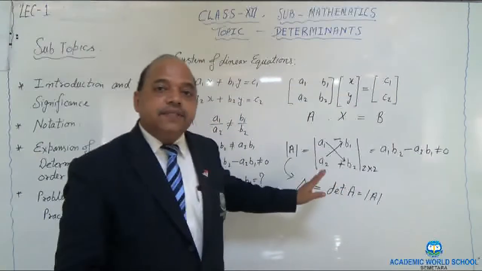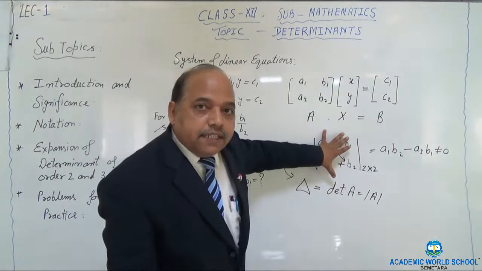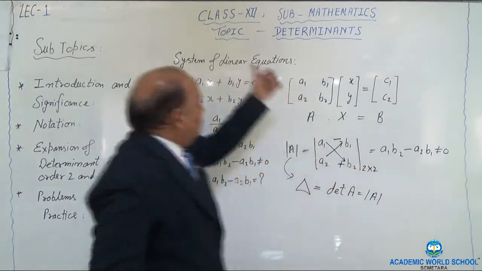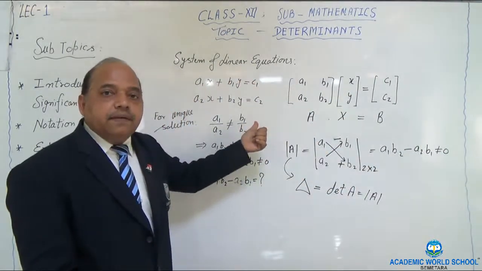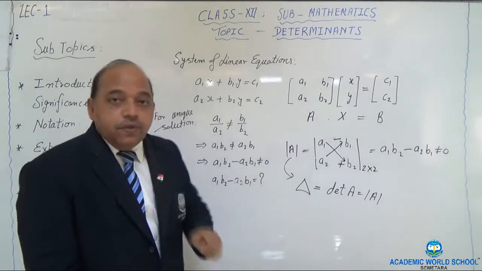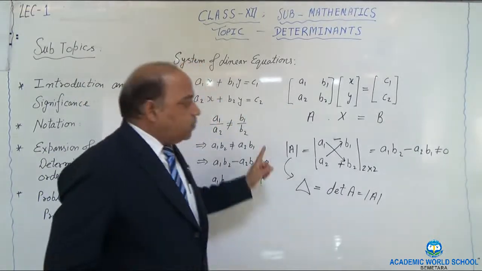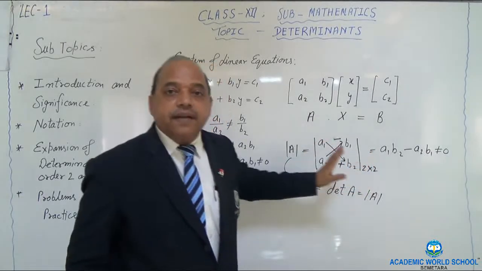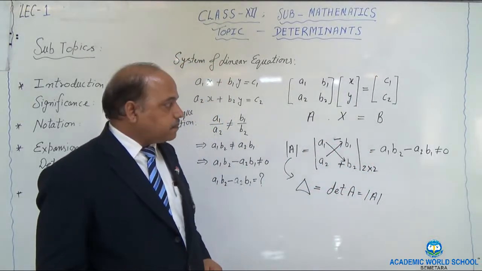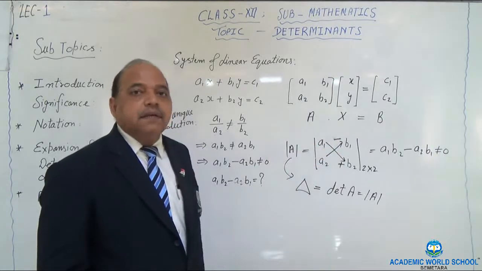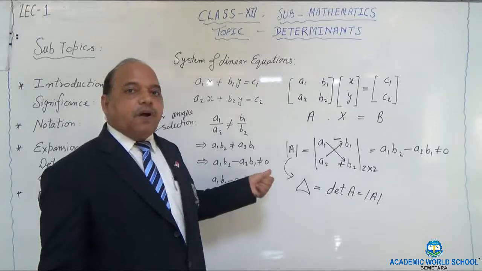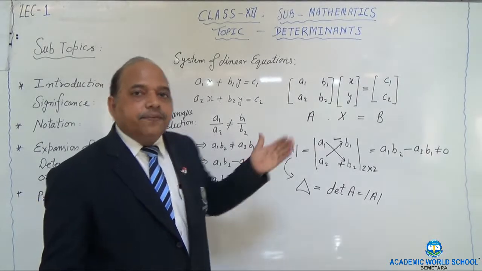Now over here we can say that as long as the value of this determinant is non-zero, the given system of equations will have a unique solution. So now you can understand the importance of this new arrangement which we are calling a determinant. I hope this part is clear to you. Now let me define the same concept in a slightly different manner.